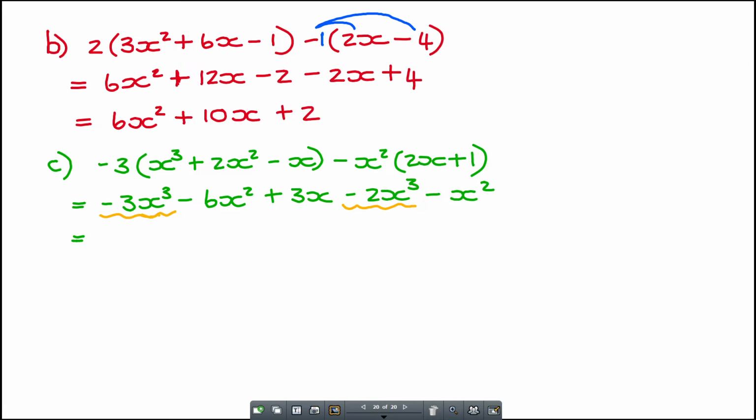So that would give me minus 5. Then this x to the power of 2 didn't have any like terms, so that stays. Oh, no, I'm lying. Sorry. So that will become minus 7. And then that didn't have any like terms. Okay. At 4a. Yeah?